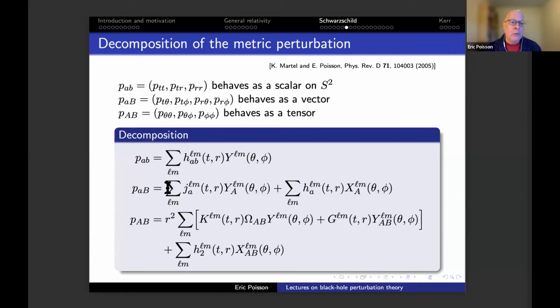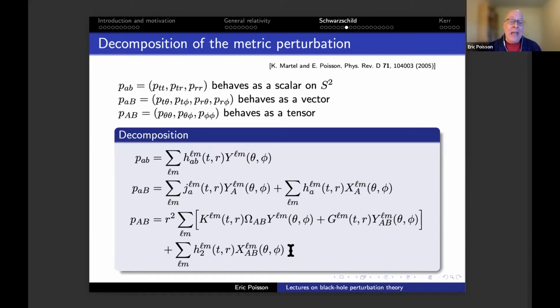Anything that's a vector, I decompose again in vector harmonics, the true vector, the axial vector. And anything that's a tensor, I decompose as I did before in terms of a trace part and two trace-free parts, one involving a true tensor, the other one involving an axial tensor.